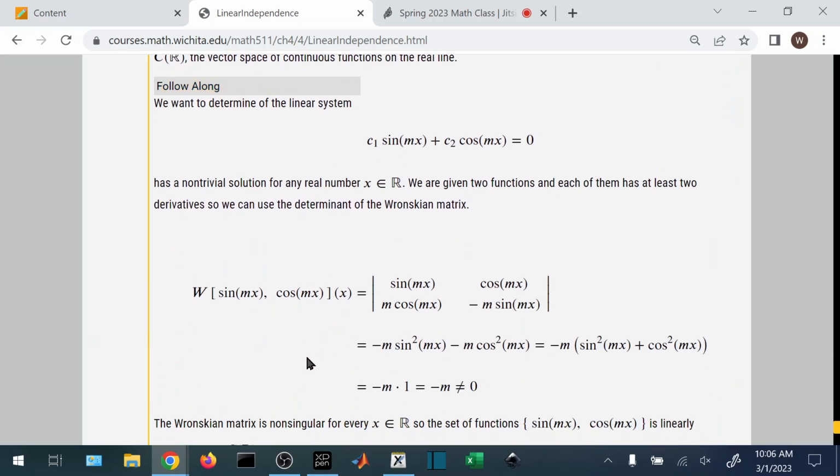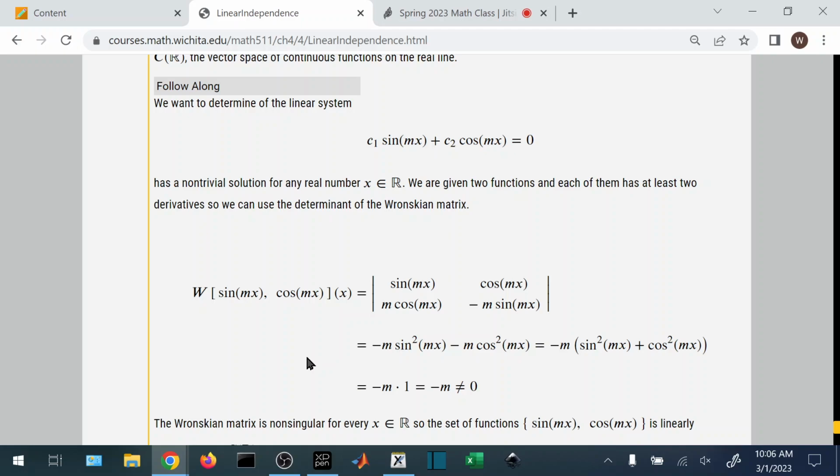So we would differentiate sine mx and get plus m cosine mx, and we would differentiate cosine and get minus m sine mx, and then we would compute the determinant, and we would get minus m times sine squared minus m times cosine squared.